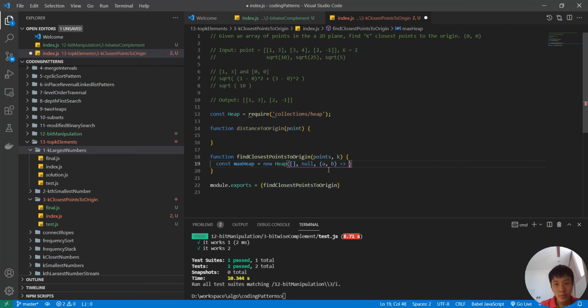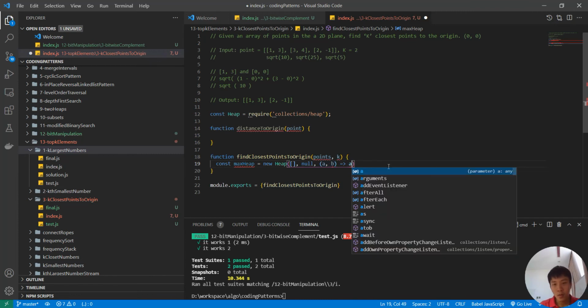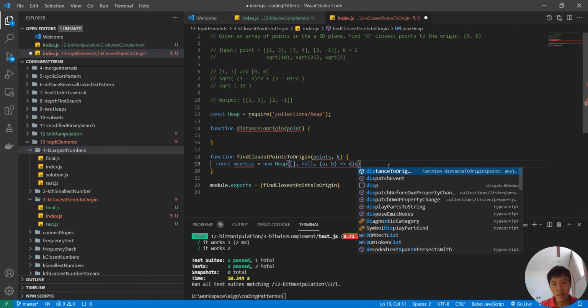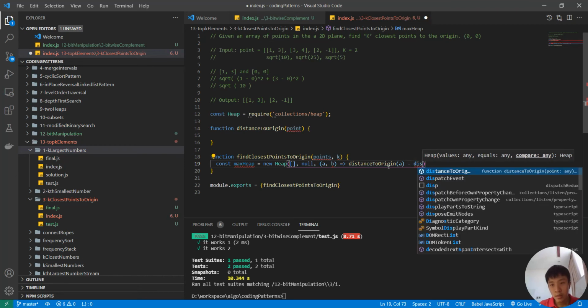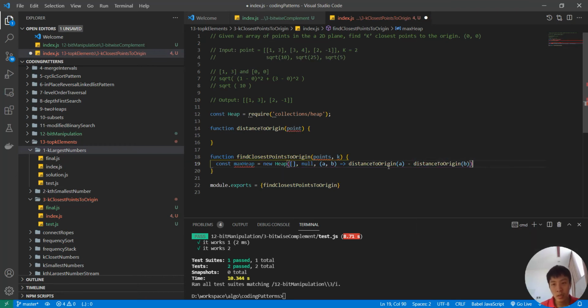So A and B here are 2 points, right? So I'm going to call distance to origin of point A minus distance to origin of point B.